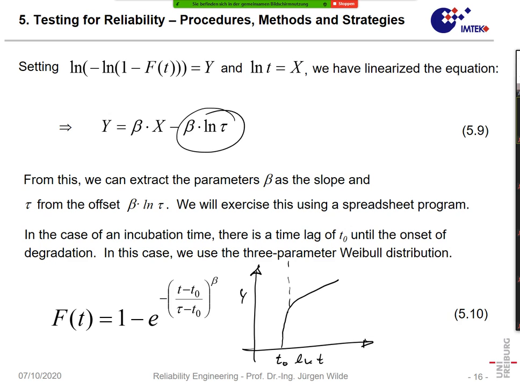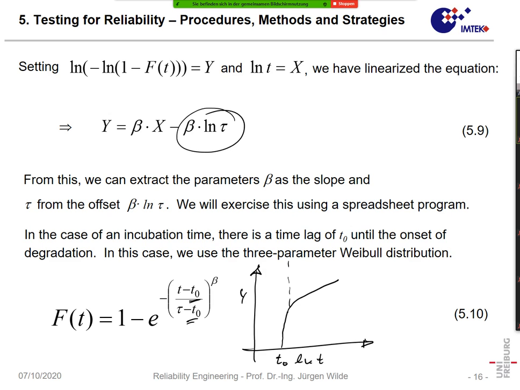It is produced but not yet sold. Especially in times of overproduction, that could be several months, even half a year. You have transport times, and you must subtract these initial times from the time you use in your Weibull analysis.